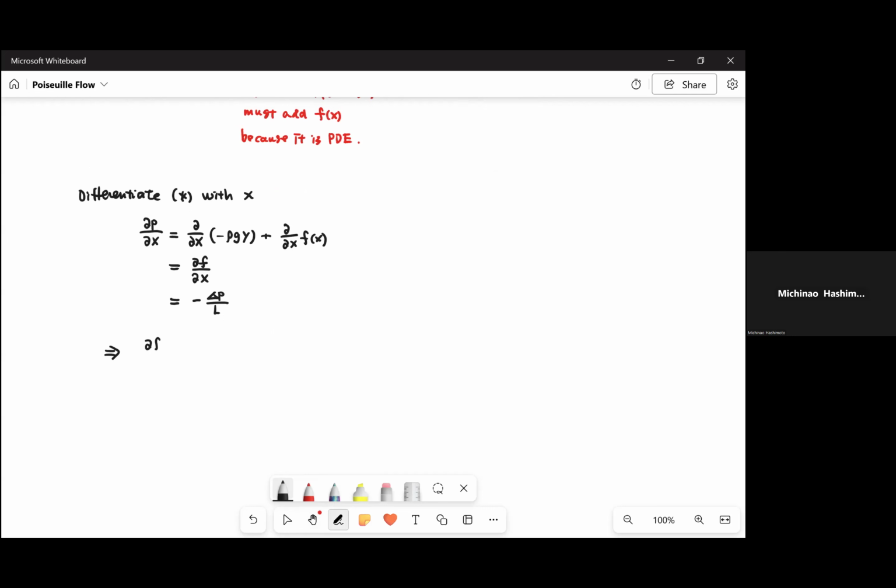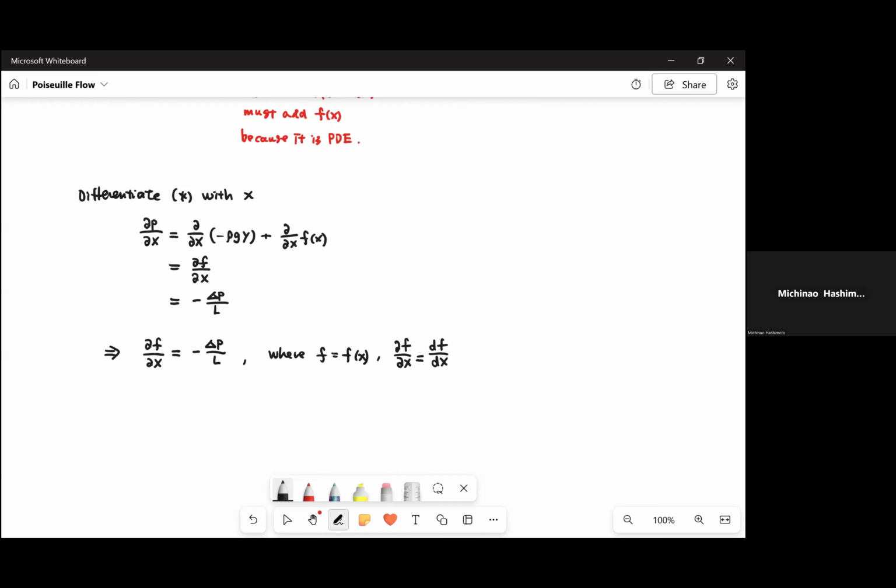So in fact, this allows us to find df/dx, which equals dP/dx, which is minus delta P over L, where f is a function of x. Because f has only one variable x, the partial df/dx equals the ordinary df/dx.